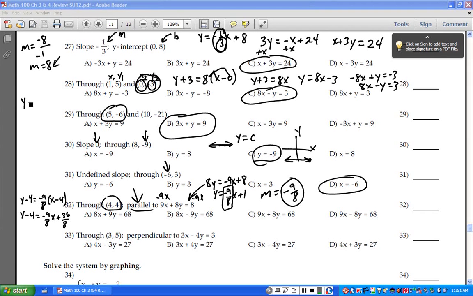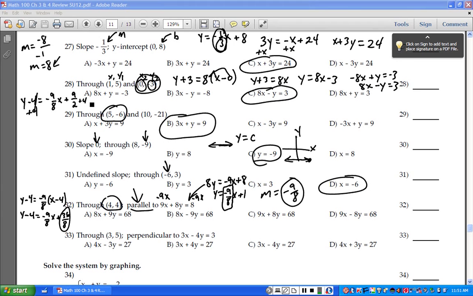So y minus 4 equals -9 over 8 x plus, let's say, 4 goes into 36 9 times, 4 goes into 8 2 times. Alright, all I did was reduce my b, or reduce the 36 over 8 to 9 over 2. Now add 4 and add 4.